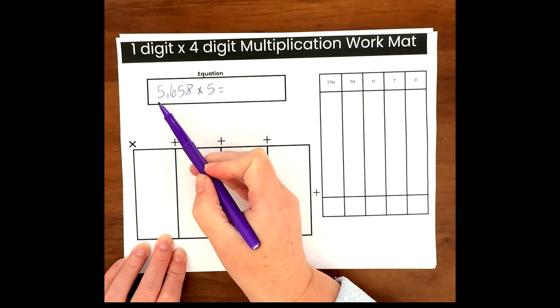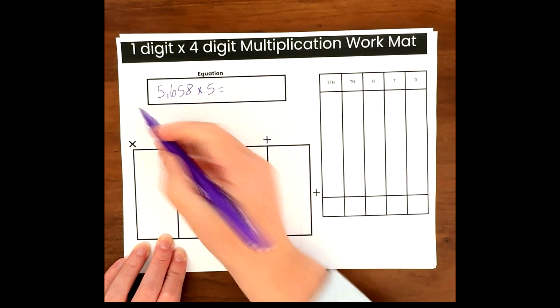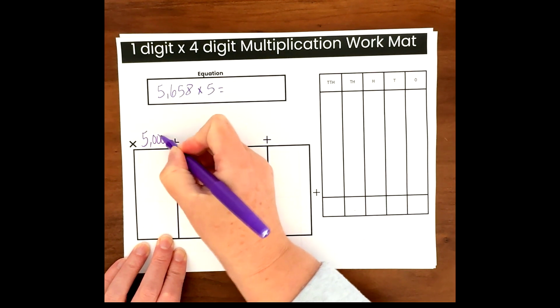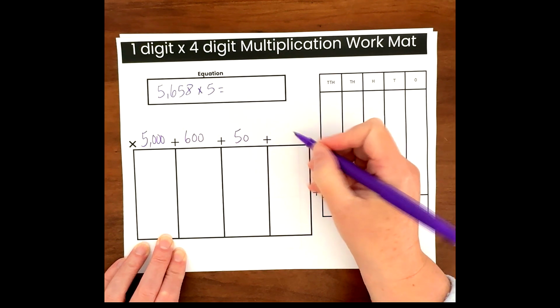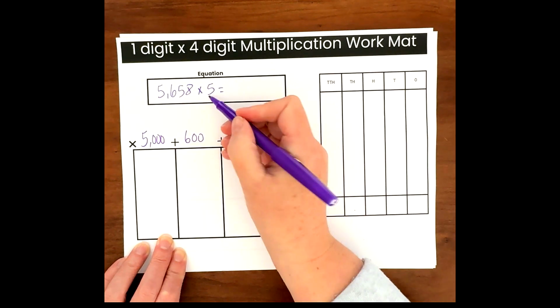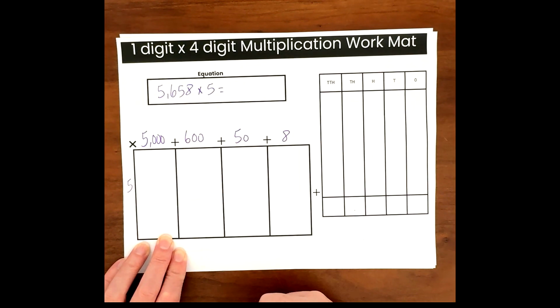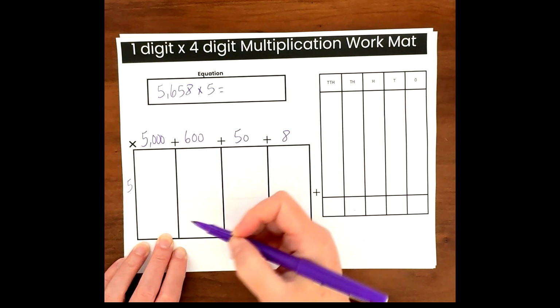We start by asking, what is the value of the digit in the thousands place. 5,658 times 5. Put my 5 here. And I'm writing the equations first.